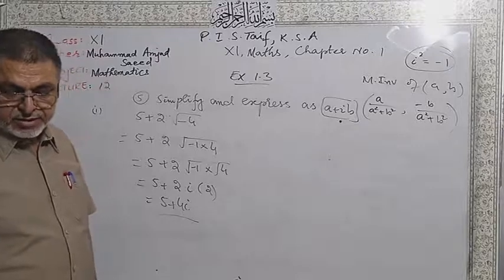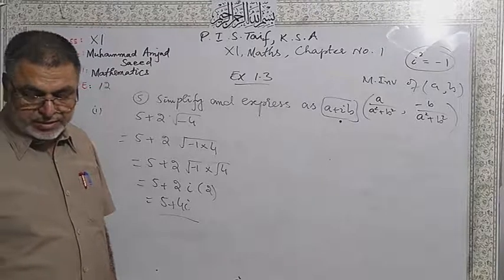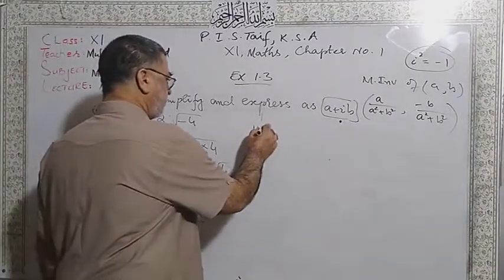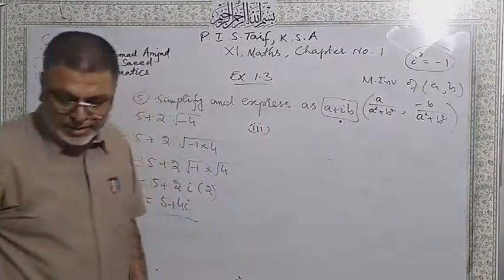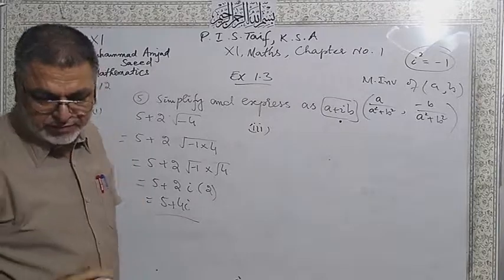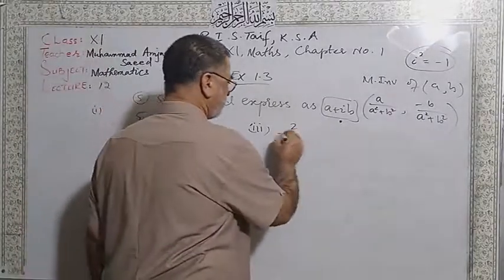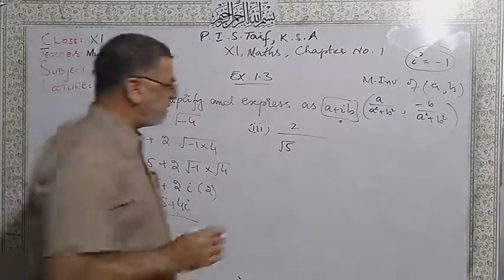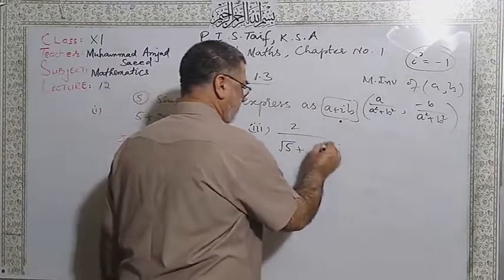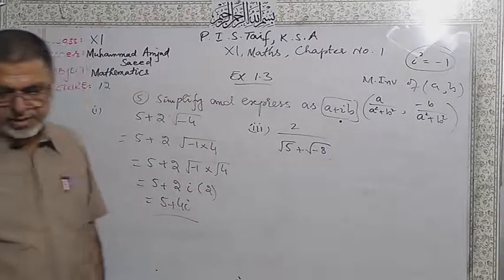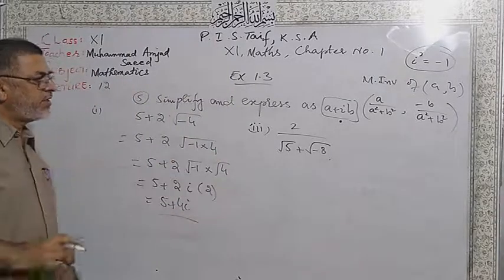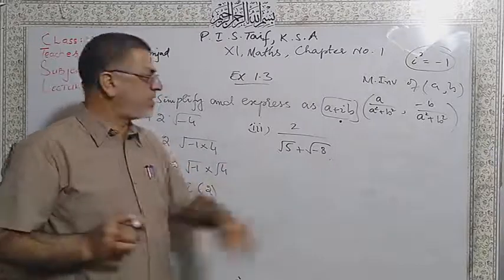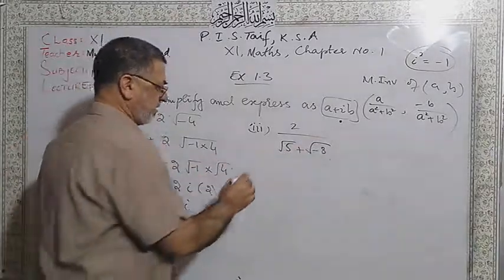Similarly, you can do the second part by yourself. For part number 3, you can check 2 over the square root of 5 plus the square root of minus 8. We have to simplify and rationalize, meaning we have to remove iota from the denominator. Remember that.